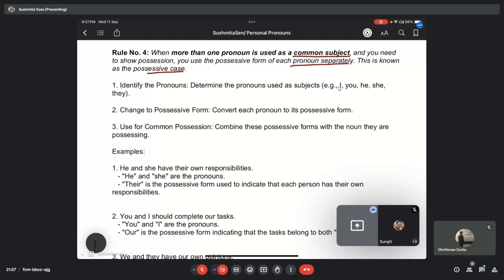Again, he and she have their own responsibilities. Here, he and she are the pronouns, and their is the possessive form of the pronoun. We cannot write he and she have his own responsibilities. We have to use their. Understood?